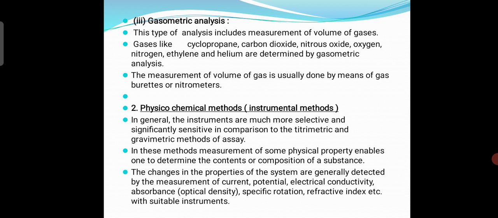Next one, instrumental methods. Instrumental methods means it is very selective and it is very sensitive while comparing with the other methods. And we are measuring a physical property or a chemical property by this method. That means with this method we can determine current potential, electrical conductivity, optical density, specific rotation, refractive index, etc. by different instruments.